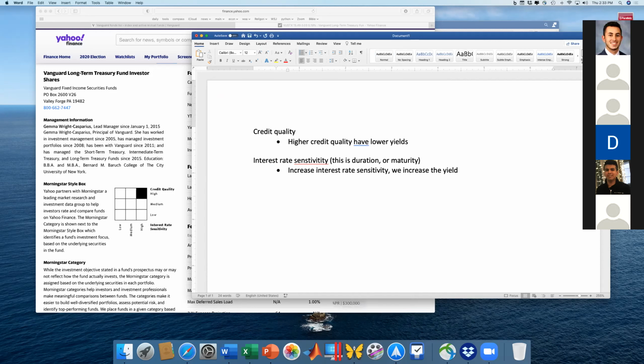As we increase the interest rate sensitivity, we're increasing the duration. So higher duration leads to more interest rate sensitivity, which leads to a higher yield. Let's write that relationship down. Higher duration means higher interest rate sensitivity, which then leads to higher yield. So that is our relationship.